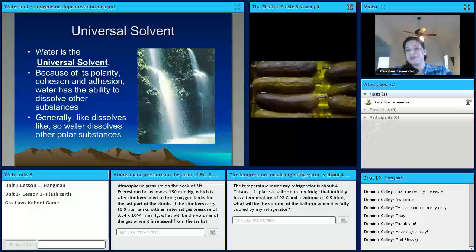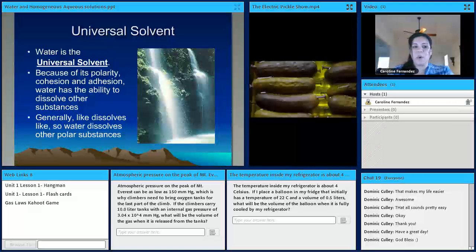And in terms of chemistry, at least for us today, the most important property of water is the fact that water is a universal solvent. Because of its polarity, water is able to dissolve other things that are polar. We have a little phrase that says like dissolves like, which means that polar things can dissolve and be dissolved in polar things.